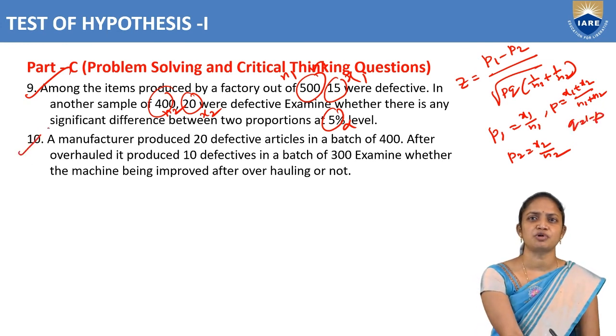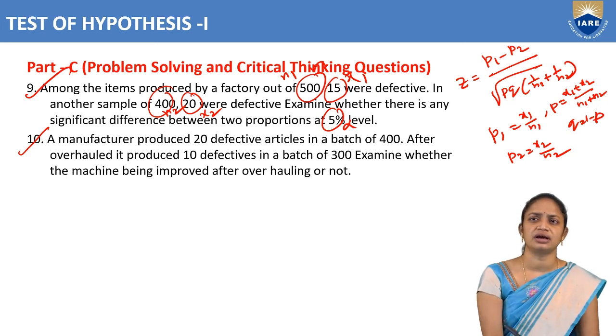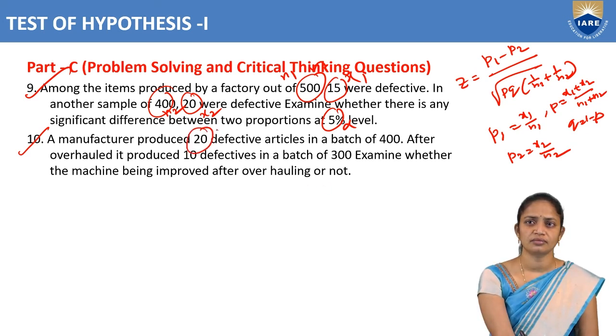So coming to the last problem, a manufacturer produced 20 defective articles in a batch of 400. After overhauling, it produced 10 defective in a batch of 300. Examine whether the machine has been improved after overhauling or not. Okay, so here this is x value and this is n value, that is n1 x1.